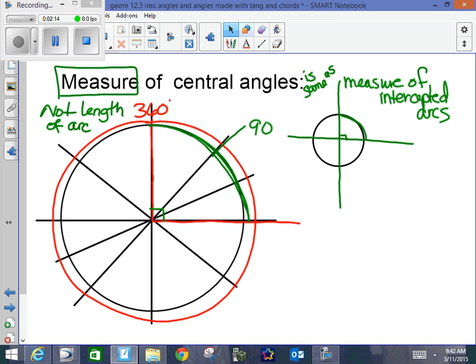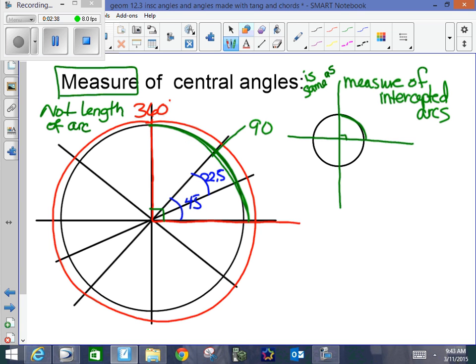So, I divided this up. There used to be something on the smartboard that would do it for me, but I couldn't find it the other day. So let's say I got 90 here, and then I went half again, so that this is 45, and then I went half again, so what's half of 45? Right.